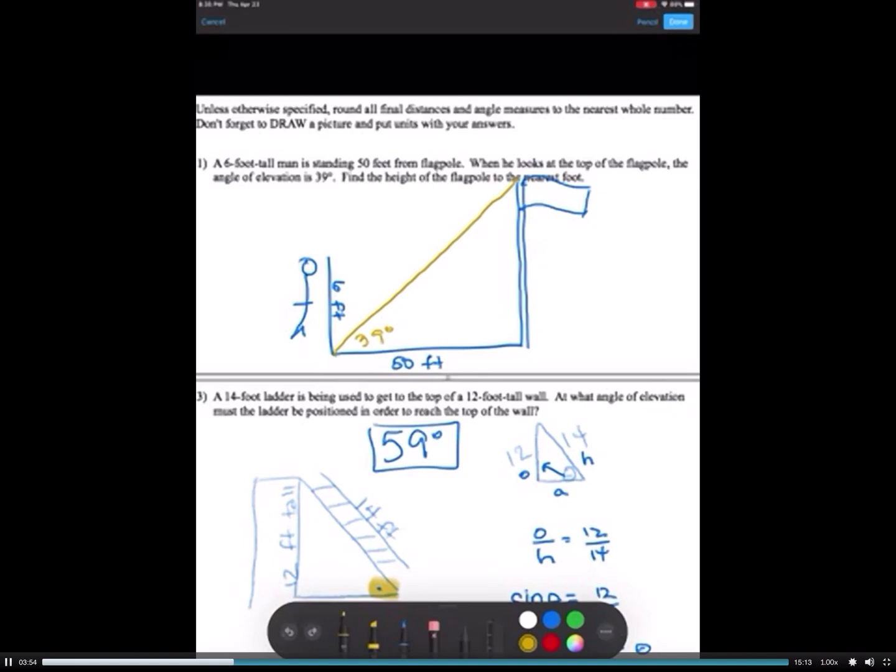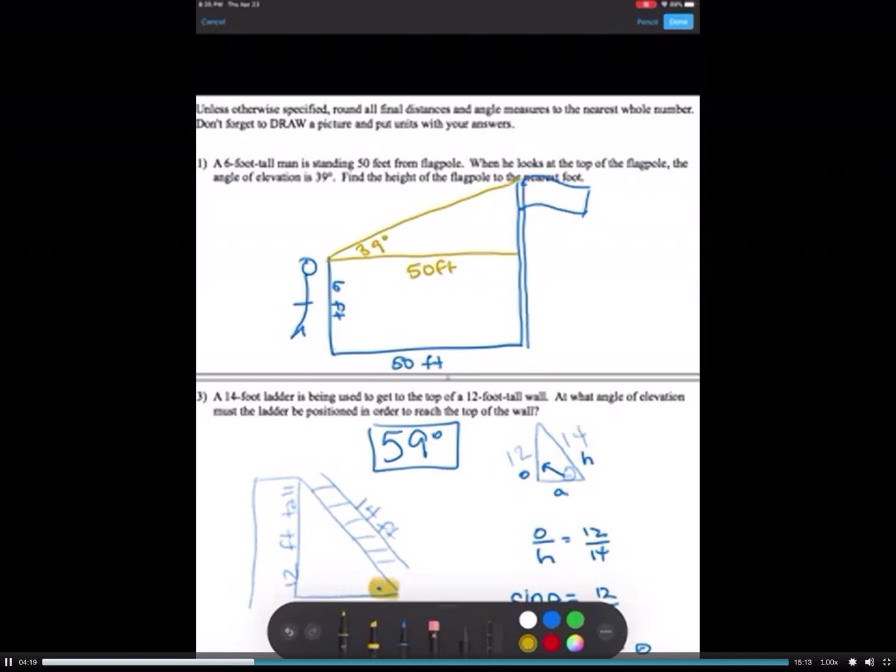Okay, I know some of you caught that. No, the man's eyes are not on the ground. The man's eyes are up here, and we're going to assume they're at the 6-foot height. They're not quite, but that's a lot closer than it was before. So we've got this 39-degree angle of elevation. I know this part is 50 feet.